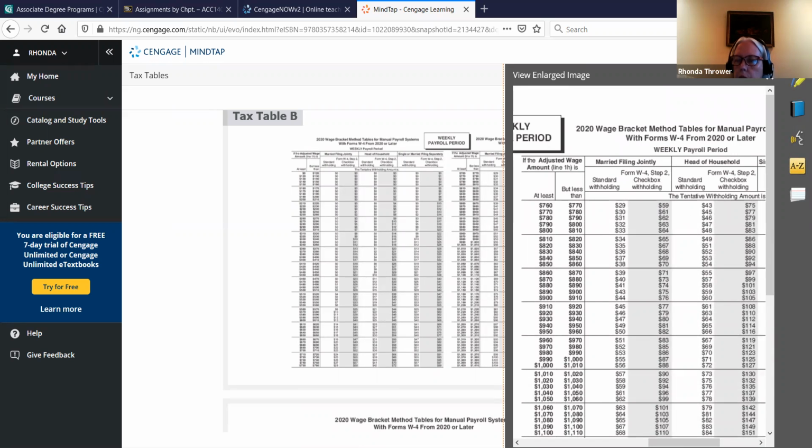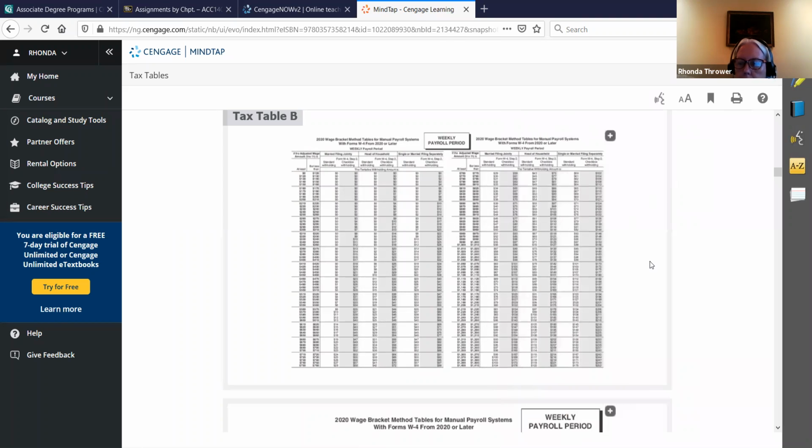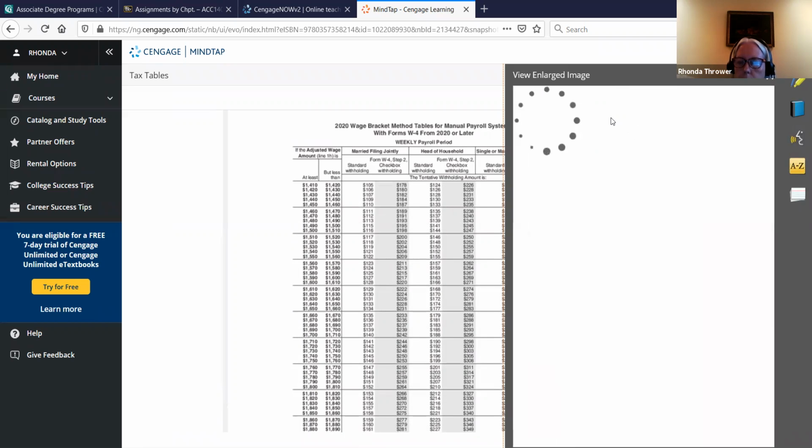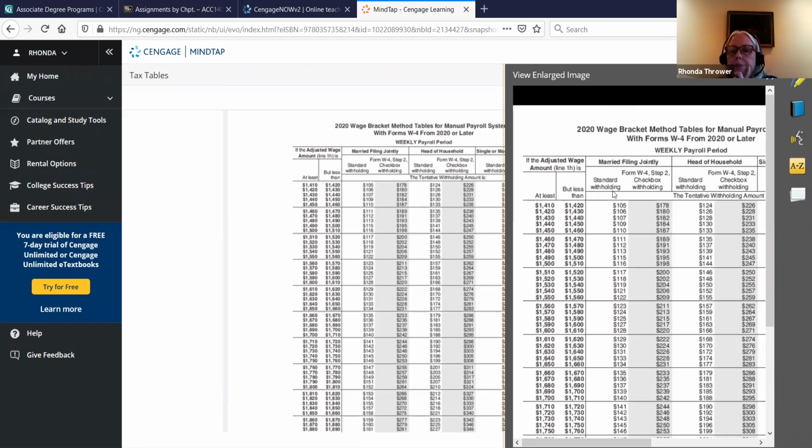So I'm going to close this out. I'm going to scroll back down to the next page. I'm going to enlarge it so you can see where I am. We're still weekly, but we're on the second page of the weekly table. And you're going to look for the amount of 1,910.